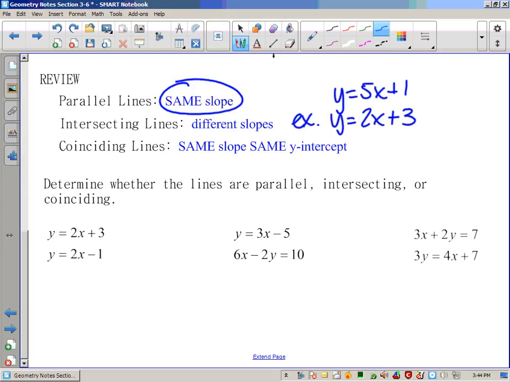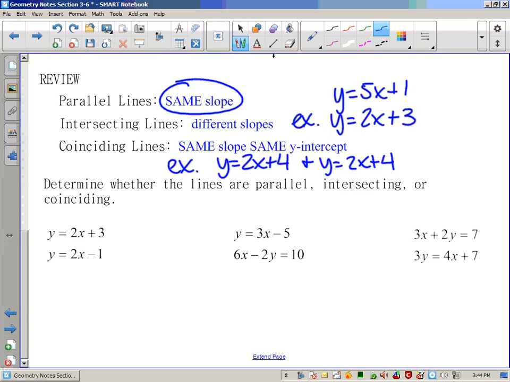Coinciding lines, we didn't really use this word, but we had an example where we rewrote it into y equals mx plus b and then found that not only did they have the same slope, they had the same y-intercept. So here'd be an example. They're exactly the same.